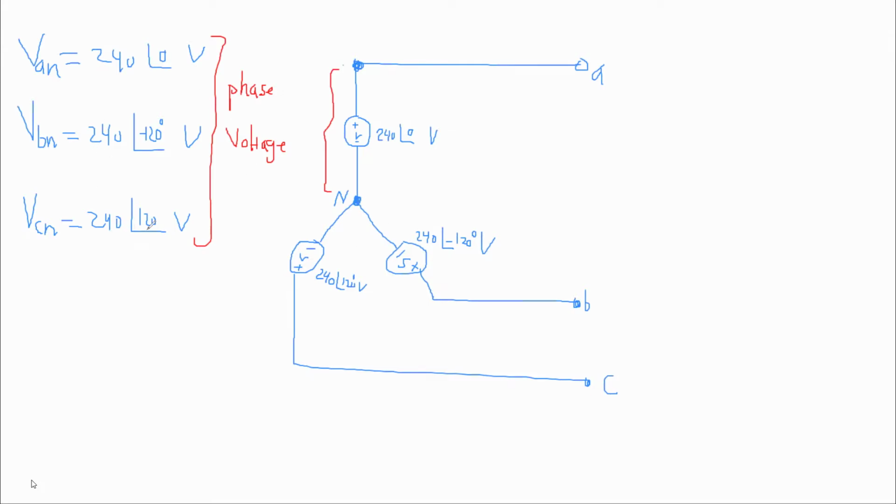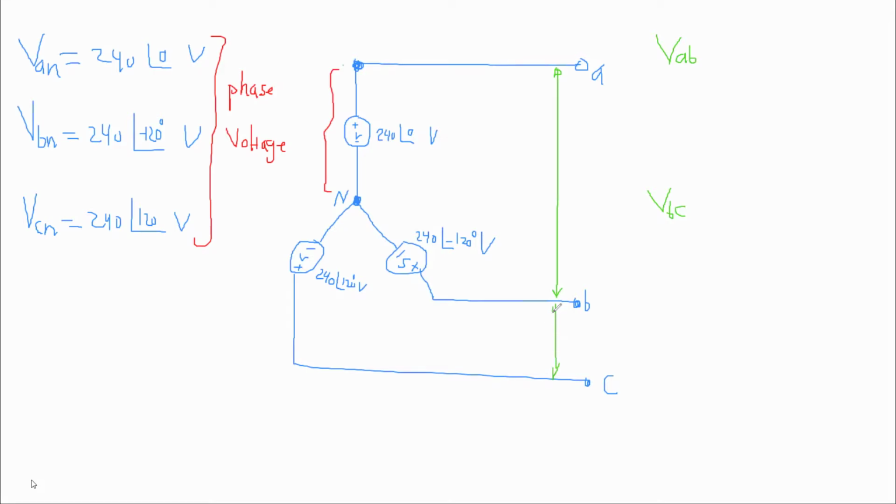Now there are other voltages, like between this point and this point, between A and B. There is a voltage VAB. Then there is a voltage VBC between here and here.